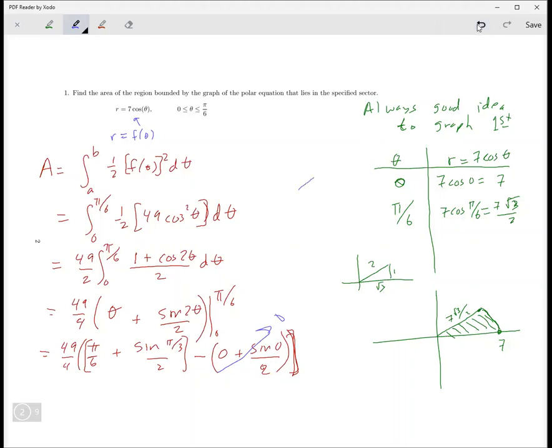Now, sine of pi over 3 is root 3 over 2.